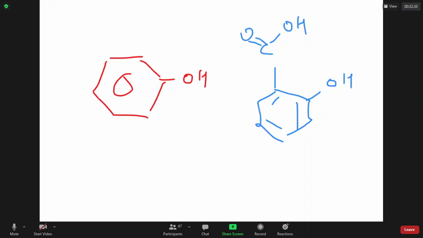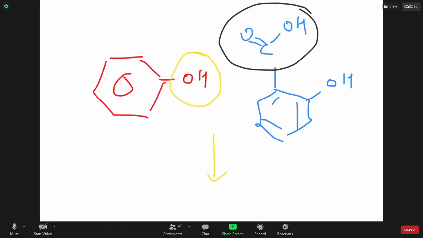In the salicylic acid, this carboxylic acid, and in the phenol, this OH group would interact in the presence of a catalyst, maybe POCl3. Any catalyst, you can use an acid as a catalyst, you can use a base as a catalyst. The alcohol group's H plus and the carboxylic acid's OH minus will be lost as water.